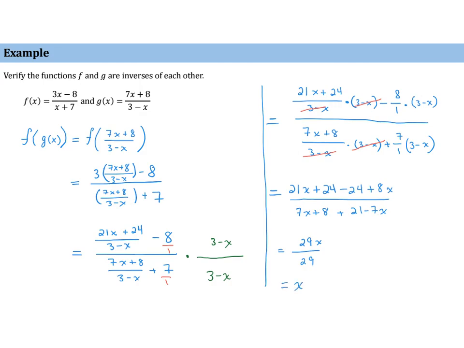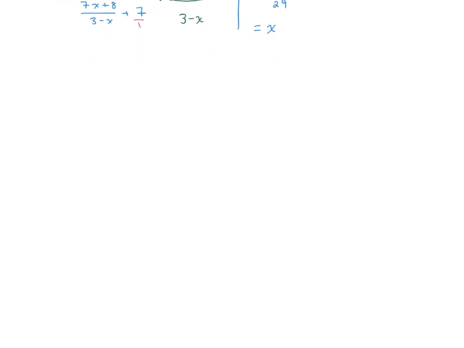So now we have to find g of f of x. So g of f of x will equal g of, what's f of x? F of x is 3x minus 8 over x plus 7.